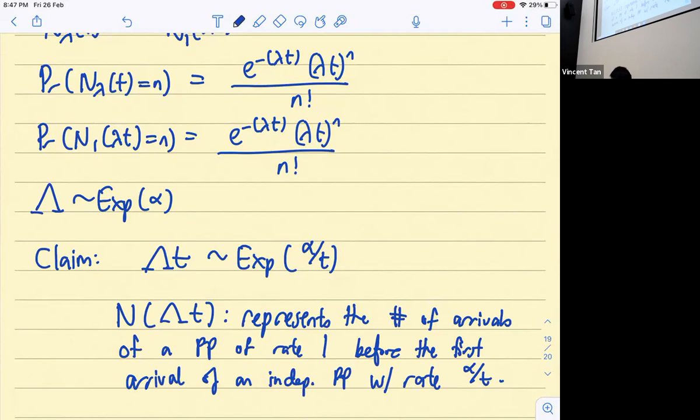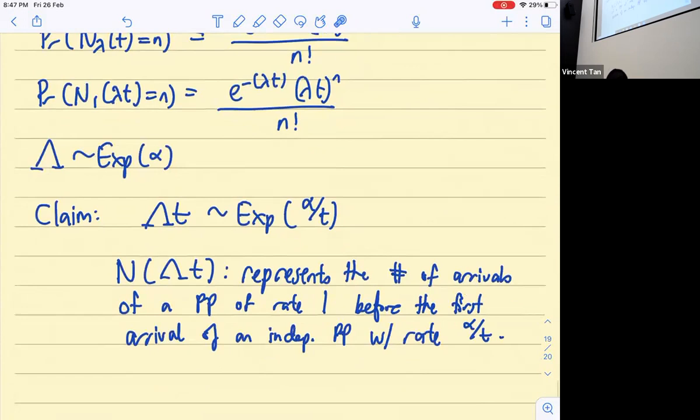Right? We did this just now. That's why I did the example for you just now, where the inside here is what I call t. Now I just change it to lambda t, where lambda is the random variable. Lambda t has exponential distribution. Okay, so we have already done this.